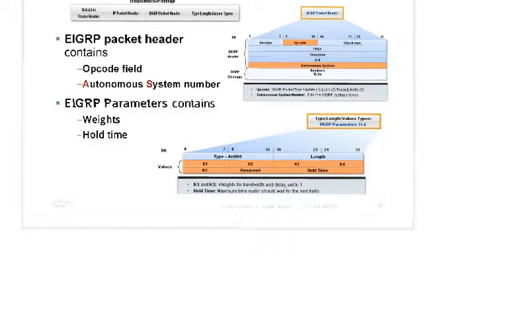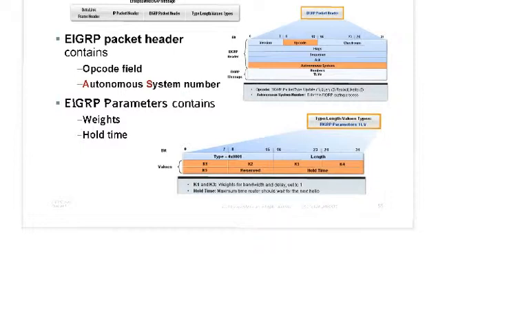So what happens is, when we talked about RIP, we run one process on each router to exchange the routing information automatically between the routers. However, for EIGRP, the router runs in general multiple instances of the EIGRP process.